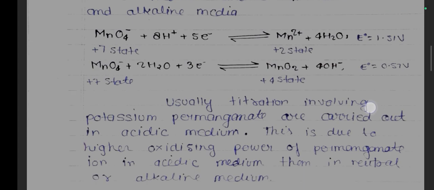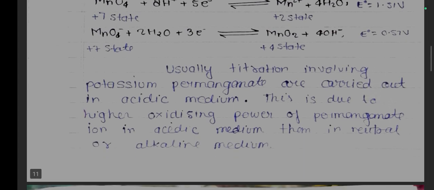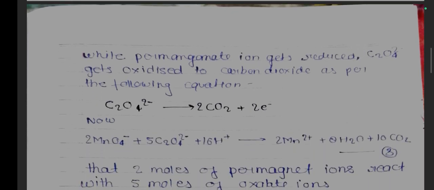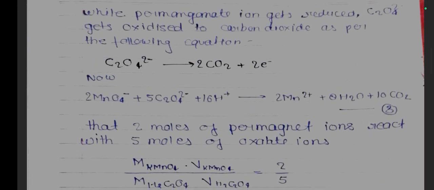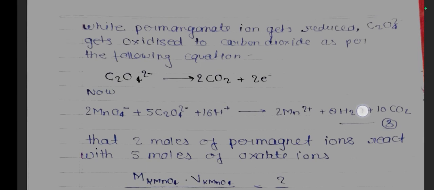And then, as you know, what is oxidation? When an atom loses electrons, that process is called oxidation. The process where an atom gains electrons is called reduction.